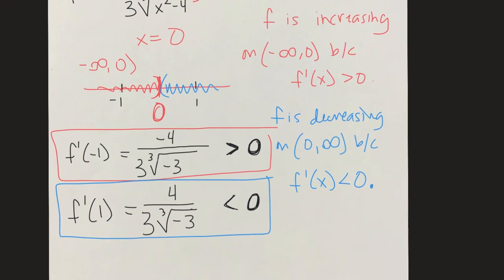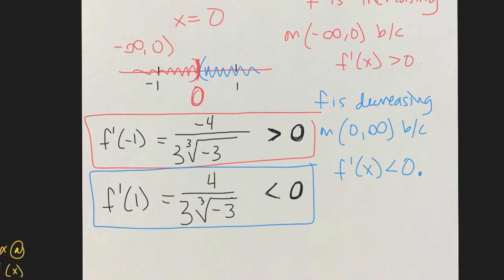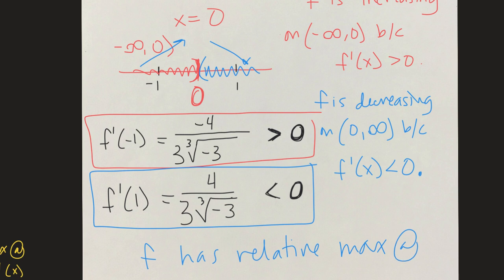Which means that what type of point do we have at 0? If our function goes from increasing to decreasing, that means we have a relative max at x equals 0 because f prime changes from positive to negative.